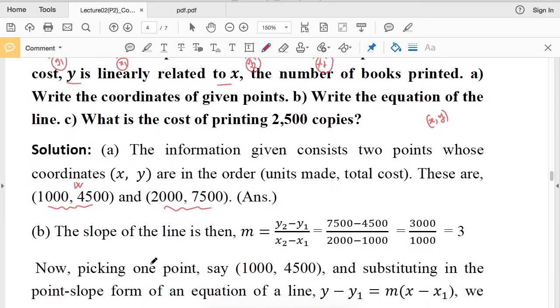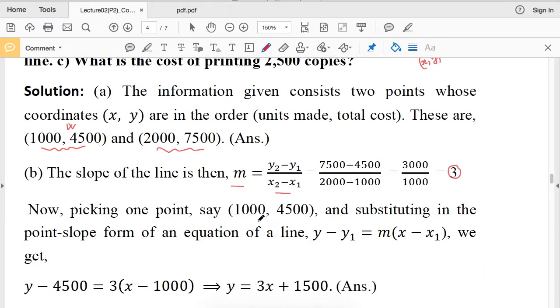So from here, like what we did before in the previous problem, we can calculate m, which will be 3, and now picking one point, you can consider the first point or you can consider the second point.